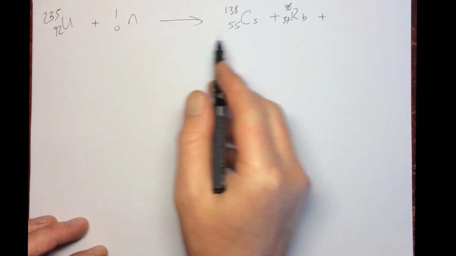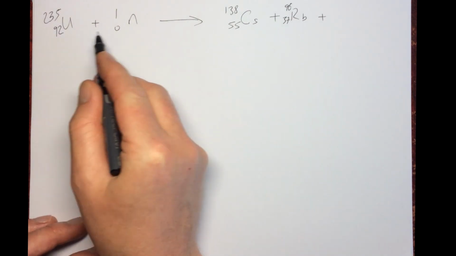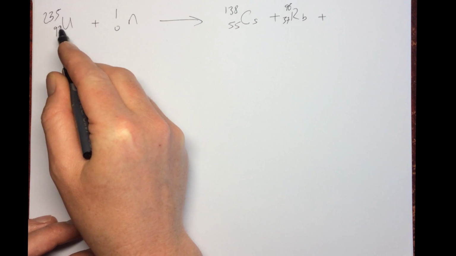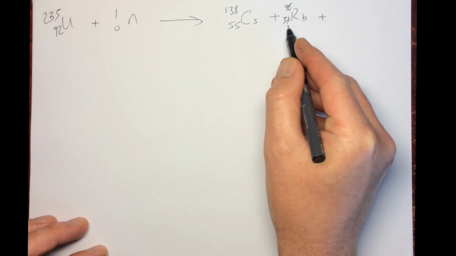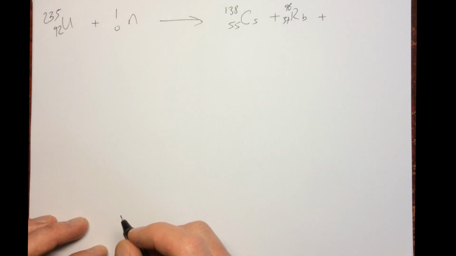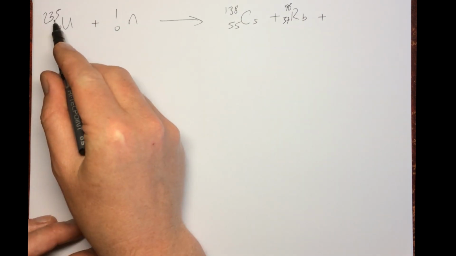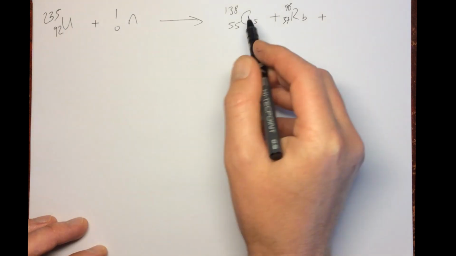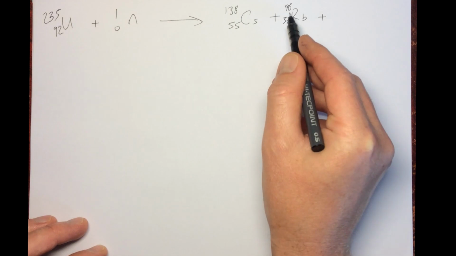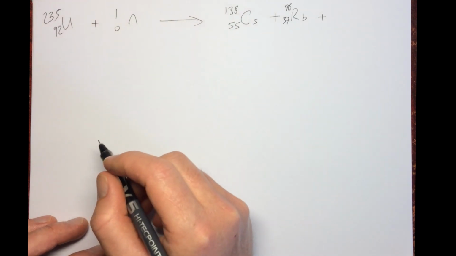Now, if we look at the numbers here, on this side we've got 92 and plus 0 for our proton number or our atomic number. 55 plus 37 on this side also makes 92. Okay, so that's okay. 235 is our mass number and 1 for the neutron, so that's 236 on this side. And then 138 and 96 makes 234.